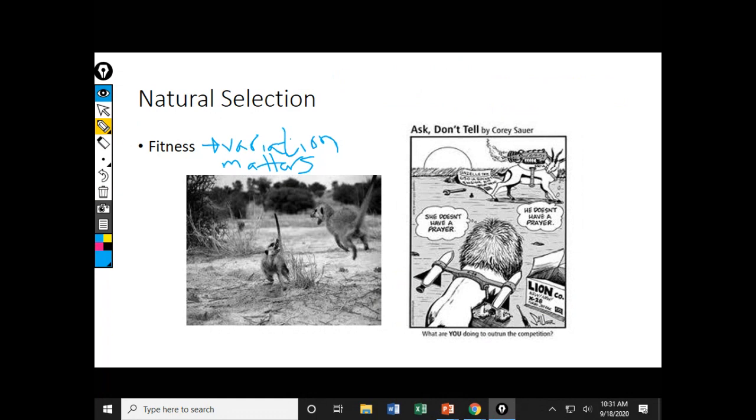Remember, the idea here is that life is tough. This is what this comes down to. Life is tough. When you're out there in the big bad world, there's a lot of inequality for survivorship and inequality for reproduction. You can't be a winner at everything. So whatever variation you have has to give you some kind of an advantage at something.